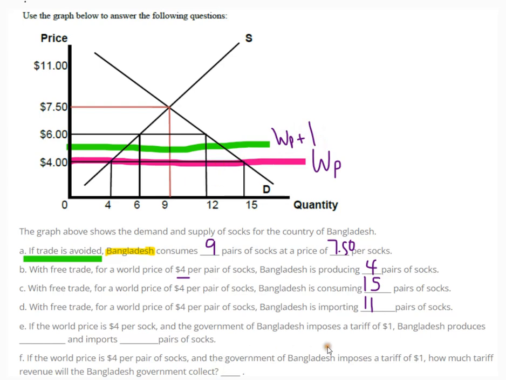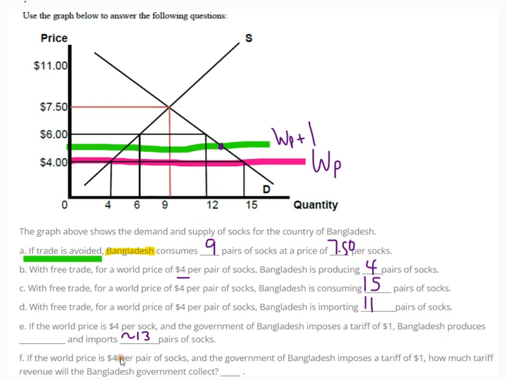Now, in this particular problem, we don't have the exact number, so it'd be somewhere in between 12 and 15. Let me see here. It seems to be going down $2 for every 3 units, so it'd be like 1.5 actually, so it'd be like 13.5. We could probably say somewhere around 13 pairs.